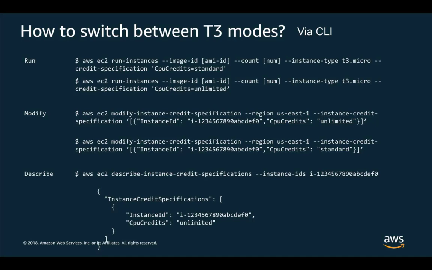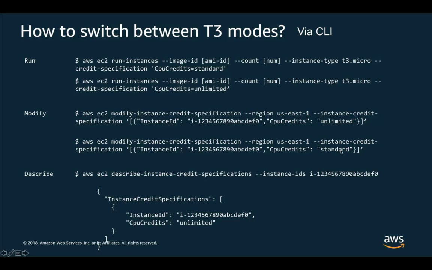You can also pick an instance that is already running right now and modify it from one mode to another. Same way, you specify the CPU credit as unlimited right here, or you can specify it as standard, and that will switch the instance to your preferred mode.